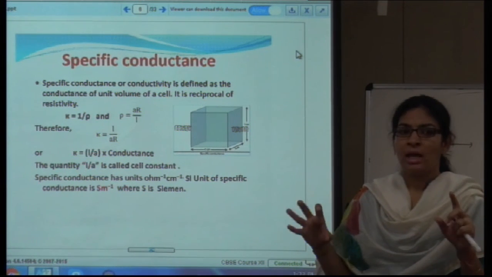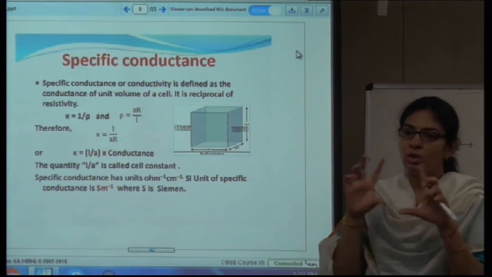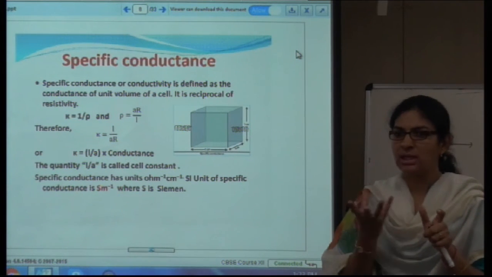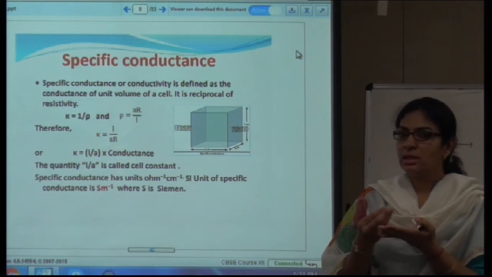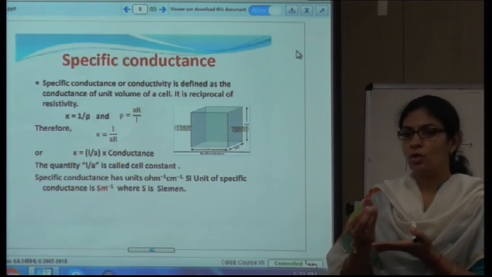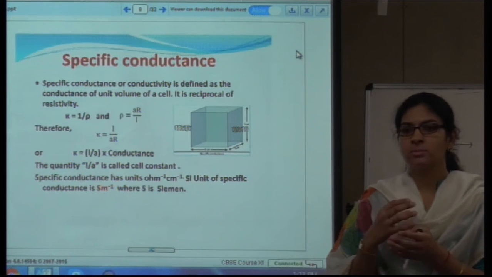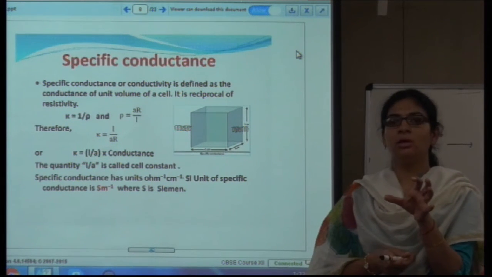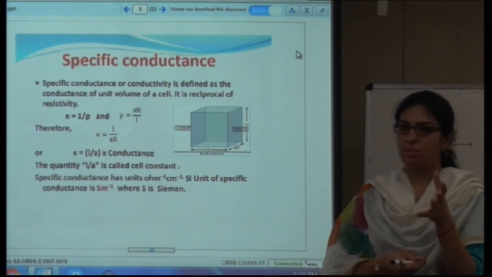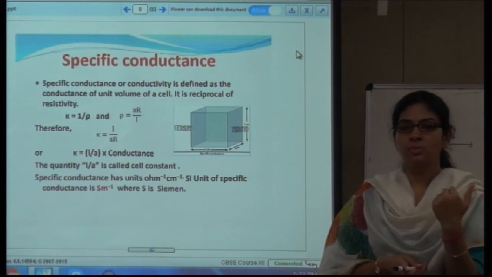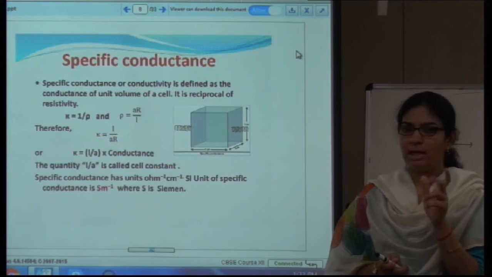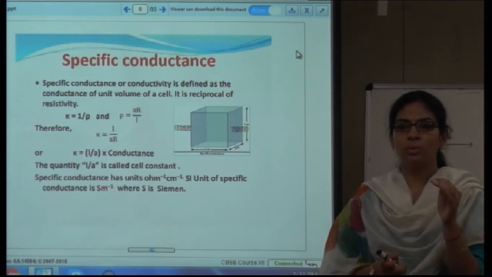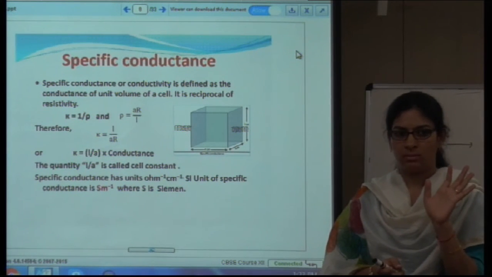And the dimensions of that cell in which we take the solution and measure its conductance, the length and area of cross section of that cell, are described by this quantity. That is why we call it cell constant. For a particular cell, L by A is always going to be a constant quantity.